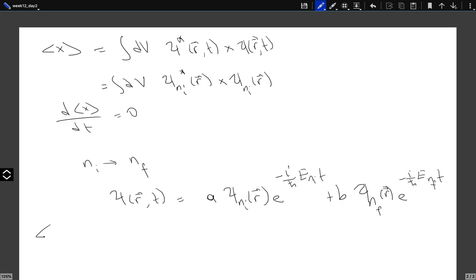Now let's look at the expectation value of the position of the electron during the transition. The definition of the expectation value is always the same.